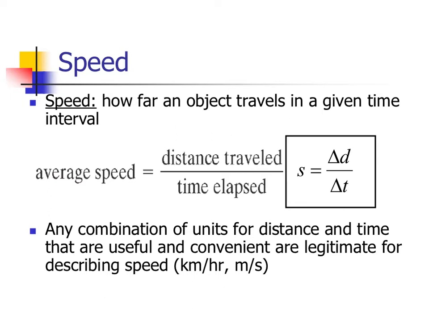The units that are used can be distance over time. Traditionally, kilometers per hour, a very common one, because that's what's on our speedometers in the United States, that and miles per hour. The more common one in physics is meters per second.